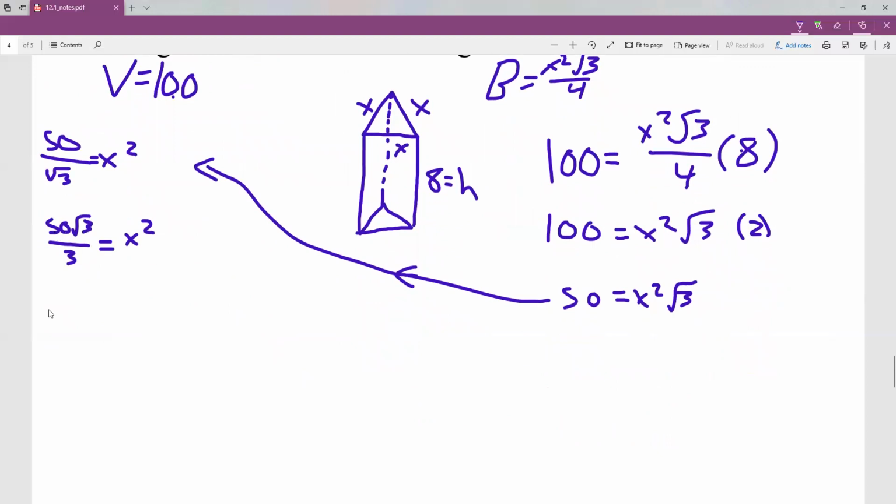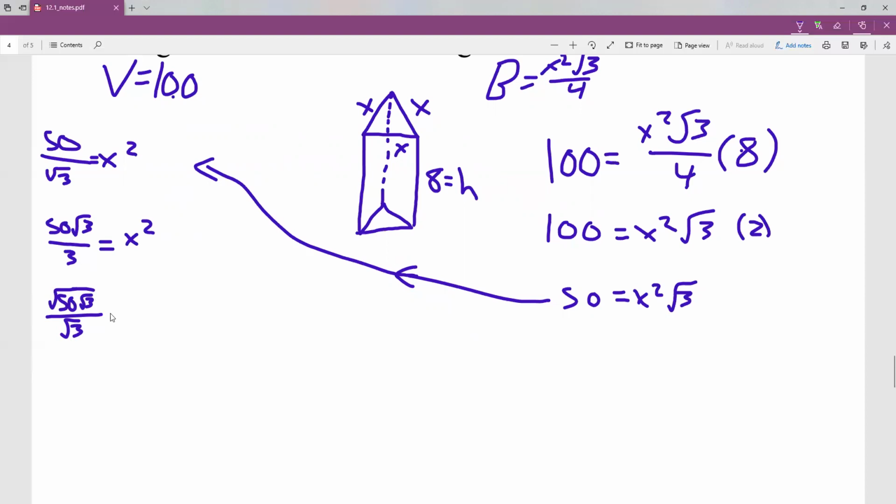So I'm going to square root both sides. So it's going to be the square root of 50 times root 3, all that under square root, over root 3.